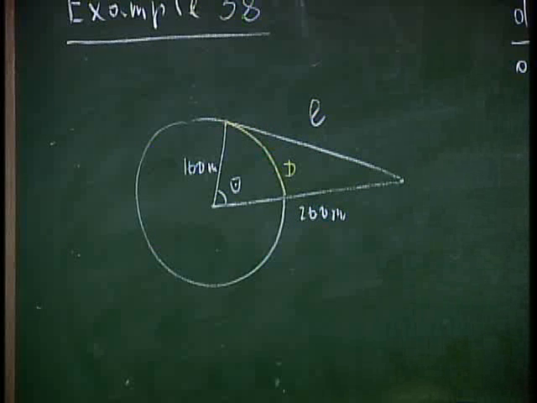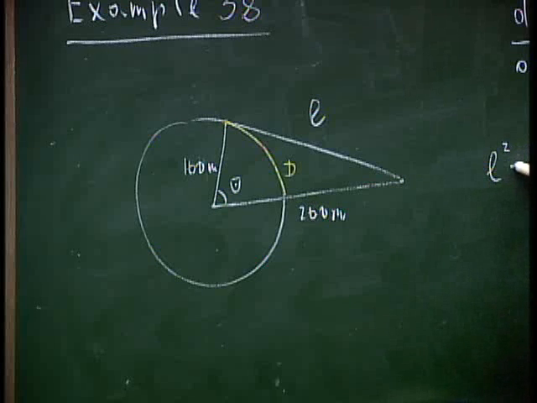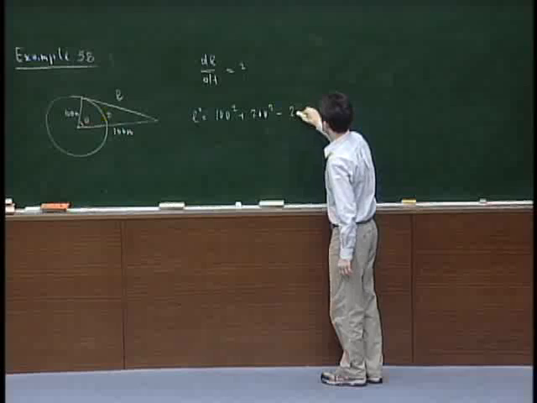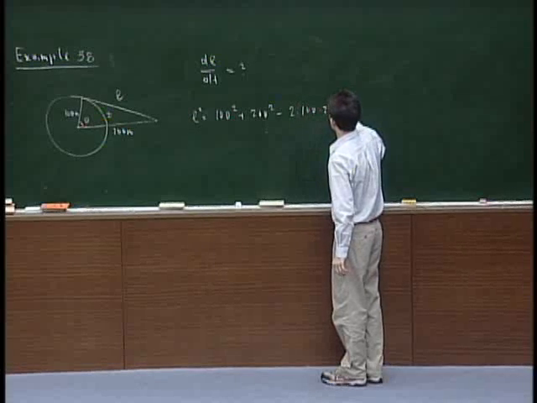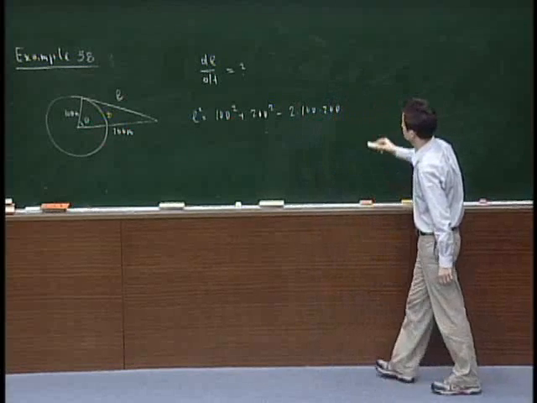Okay, so we have introduced now some notation. Now, if you look at the geometric situation, you can easily find a relation between L and some of the other quantities. Namely, you know that L squared is equal to 100 squared plus 200 squared minus twice 100 times 200 times the cosine of theta.